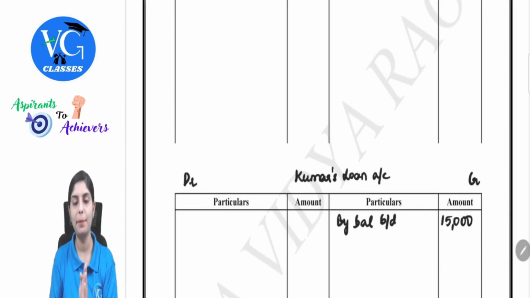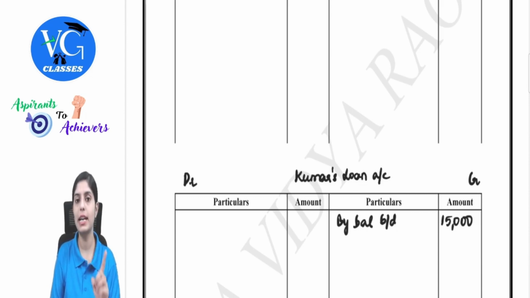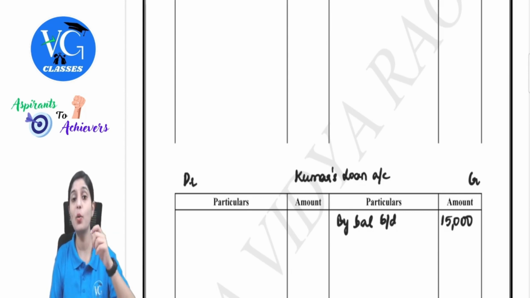Remember, when the capital has a debit balance, that it is a receivable to the firm. There is a loan, which is a credit balance payable by the firm. So we will just net it off. So this will be transferred to partner's capital account because that is how it will be settled.